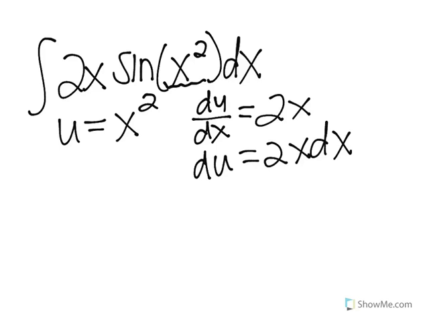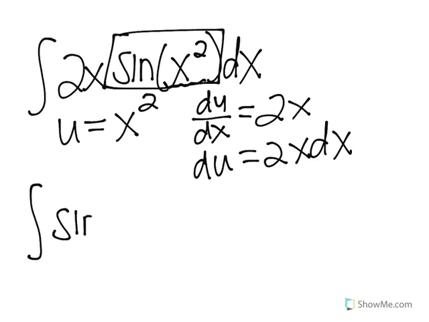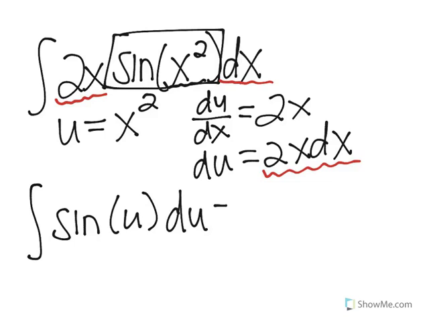And now we are ready to make our substitution. Well, we have the integral of sine of x squared, which is just the integral of sine of u. And what we have left here is 2x dx, which is exactly our du.